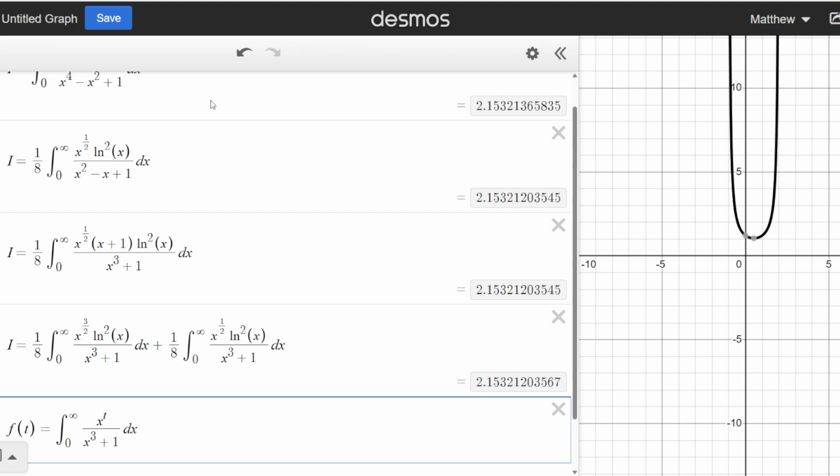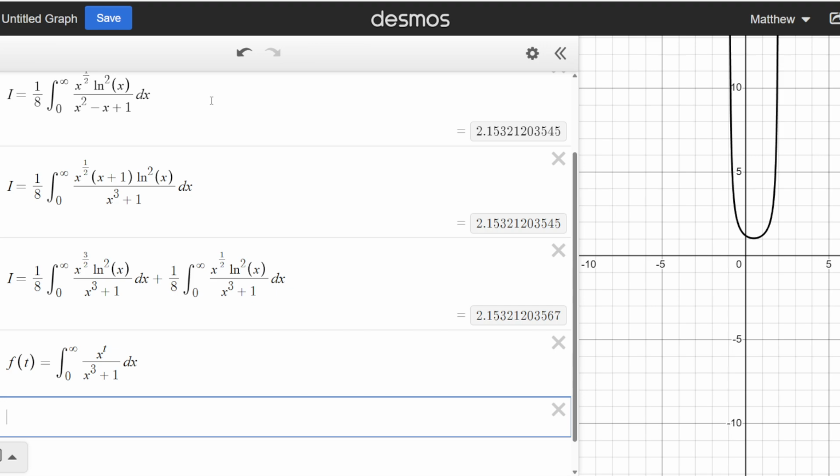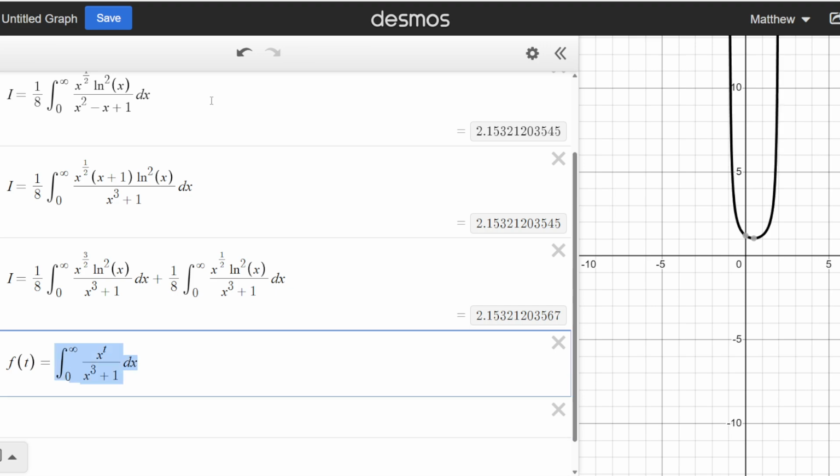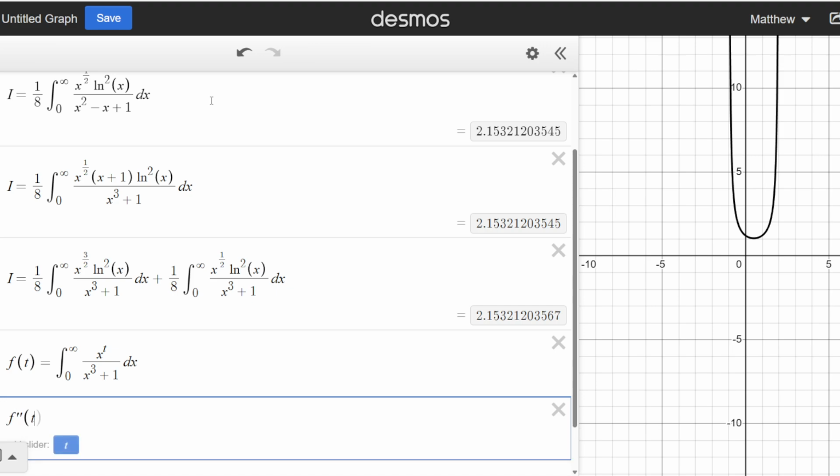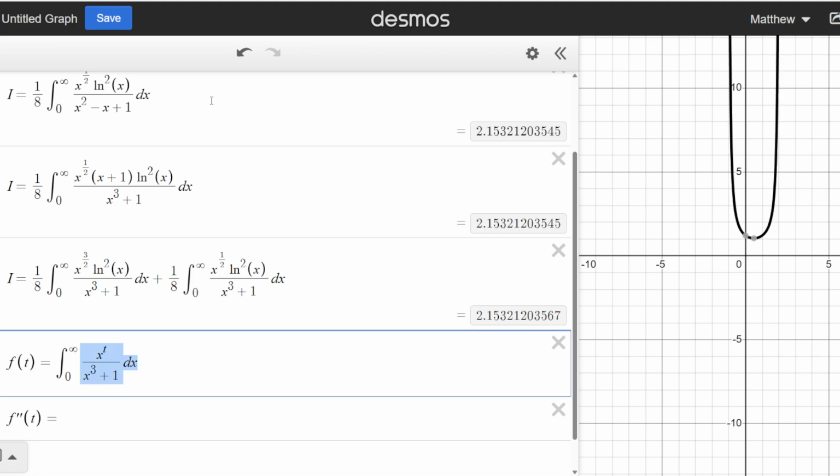Now, you'll notice if you take two derivatives with respect to t using the Leibniz rule for differentiation, your first derivative would just give you x to the t times natural log x. Taking another derivative would simply give you natural log squared of x. So we can say that f double prime of t is equal to this.